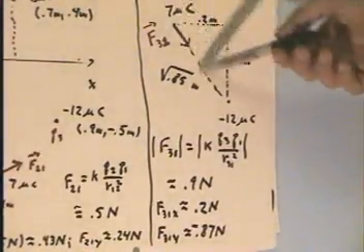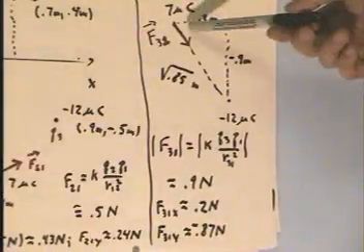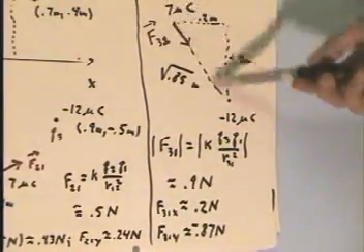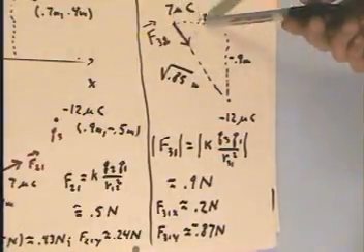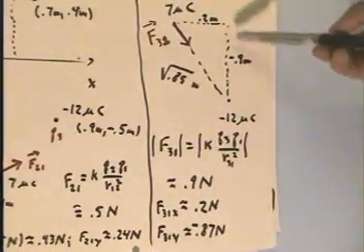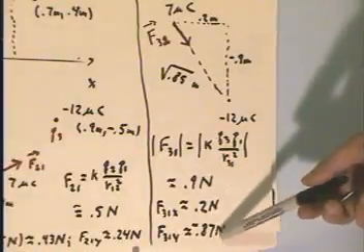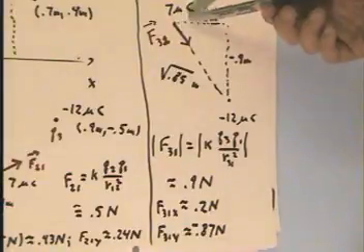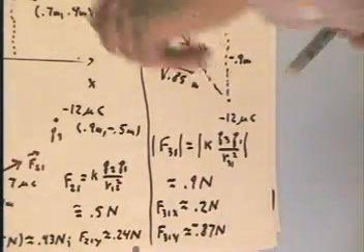Since the force is in the same direction as the hypotenuse of this triangle, the sine of this angle will be negative 0.9 over the square root of 0.85. The cosine will be 0.2 divided by the square root of 0.85. Using the sine and cosine that we get here, we obtain the x and the y components. Let me point out that it's not necessary to actually find this angle. All we need is its sine and its cosine in order to get these components.